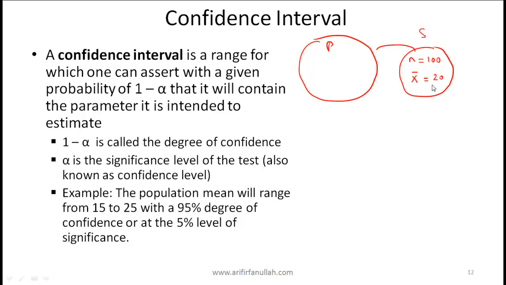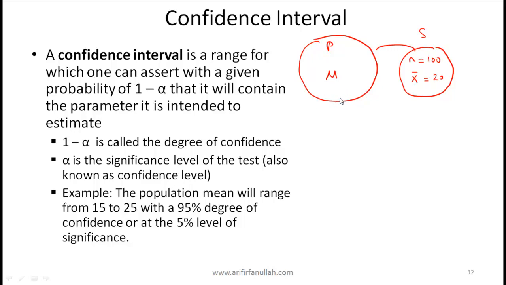So x bar is 20. This is our estimate of what the population mean is. But can we say with 100% confidence that the population mean is 20? We cannot.